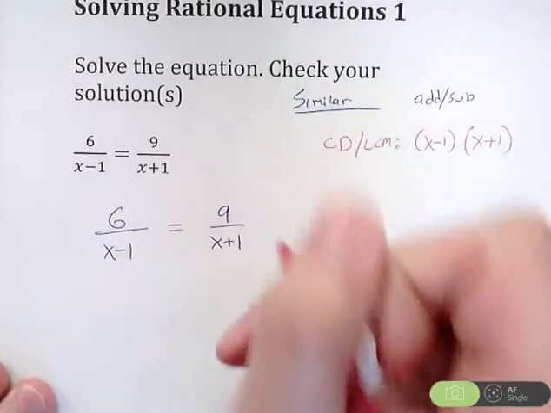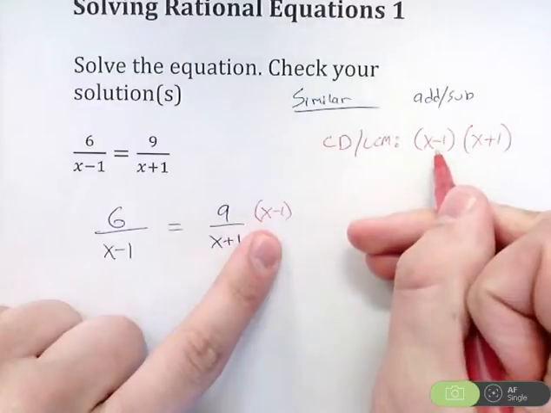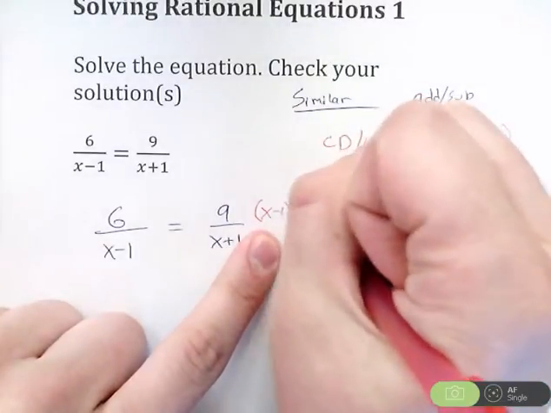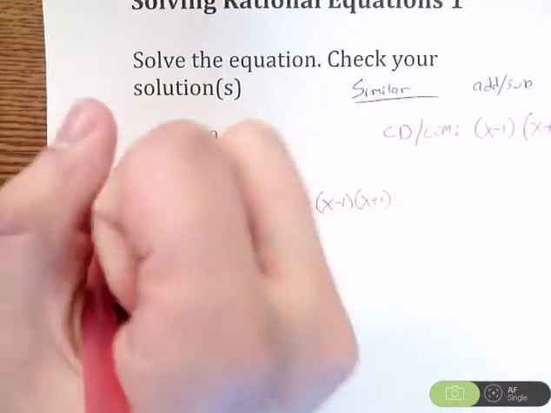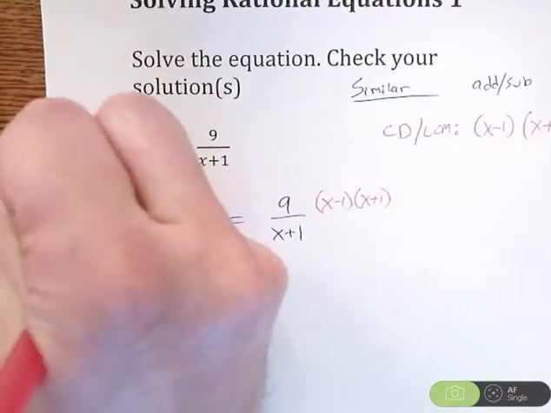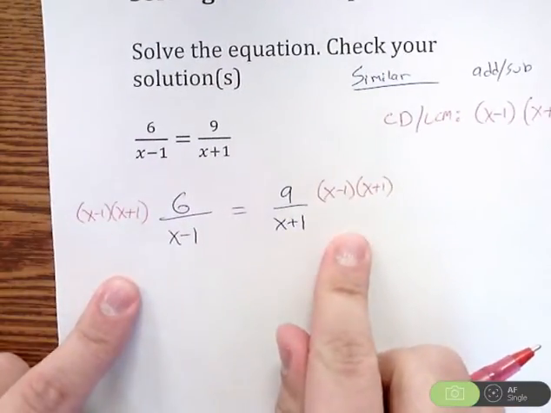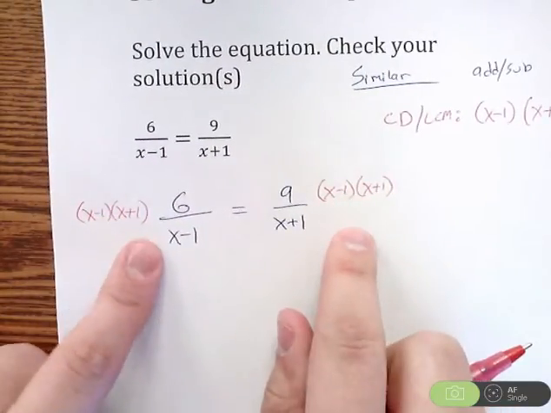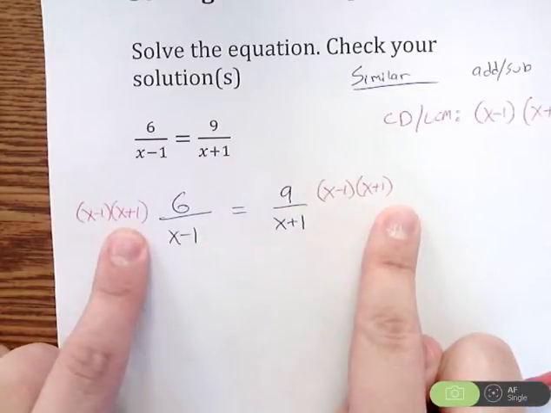Now when I multiply both sides, I'm only going to multiply the top. So over here I'm going to write x minus 1 and x plus 1 being multiplied to the top. I'm going to do the same thing over here, multiplying the top by x minus 1 and x plus 1. Notice I'm not also multiplying the bottom. I'm just multiplying the top only. If you do it on one side of the equal sign, you've got to do it to the other.